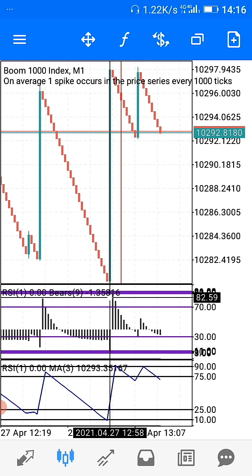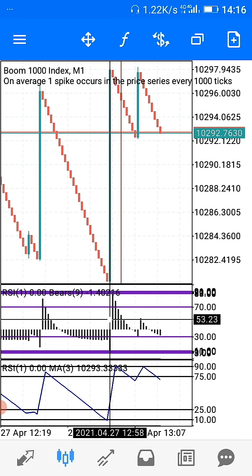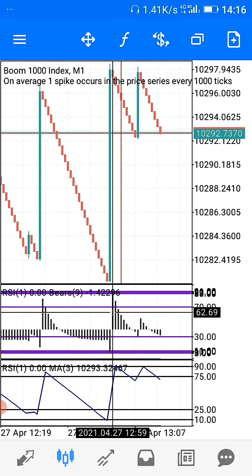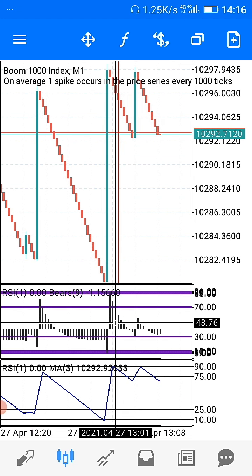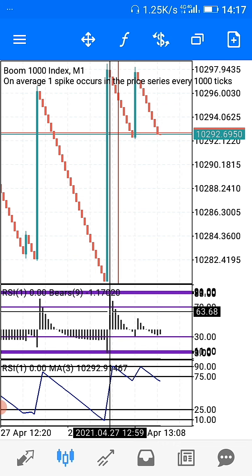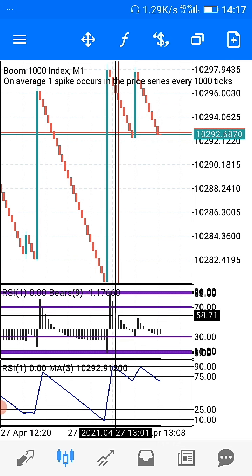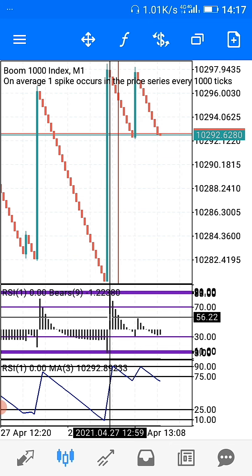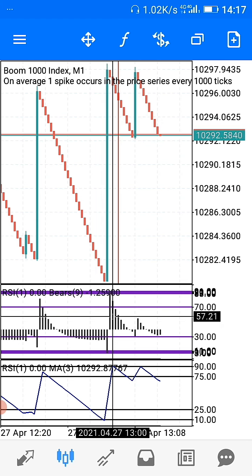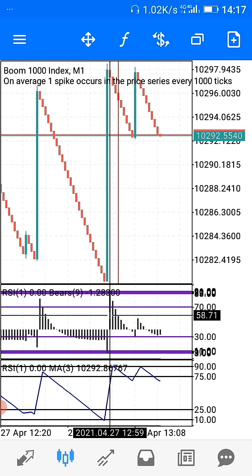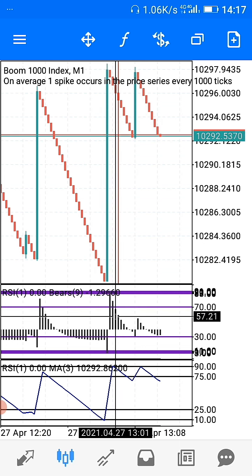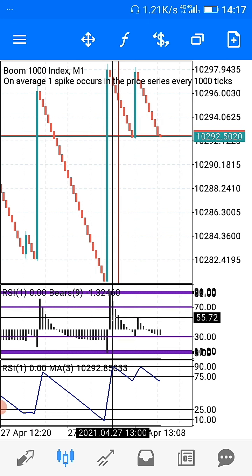If that bar is facing upwards and is above the 70 level, another one is opened and is above or touching the 70 level, and then the third candlestick is opened and is still touching or is around the 70 level, but at least 2 bars after the spike must be above the 70 level, and then the third candlestick must close. On the opening of the fourth candlestick, you place your trade and take 6 candlesticks. It's as simple as that.